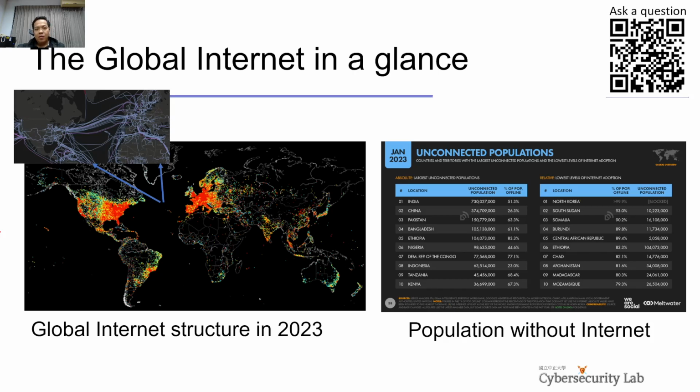Okay, here is the global internet at a glance. You will see over here we have several key points. First, most countries in the world still do not have any node in the network, mostly in Africa, in some countries in West Asia, or in South America.